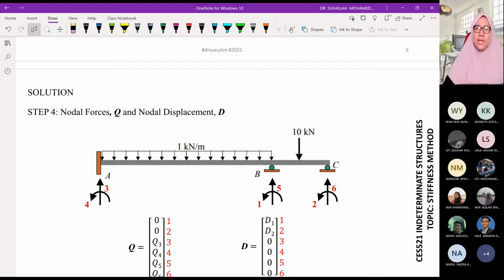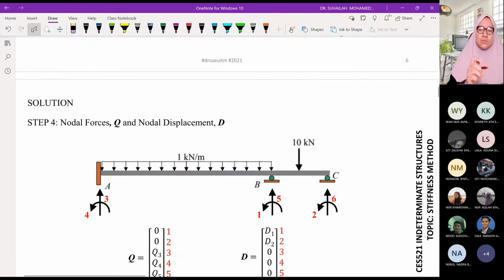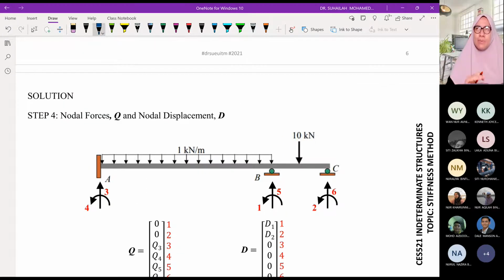But in a beam, normally the loading will be UDL or point load, subjected along the member. So when we want to analyze the unknown displacement and unknown reaction, we will apply the stiffness equation Q = KD + Q naught.